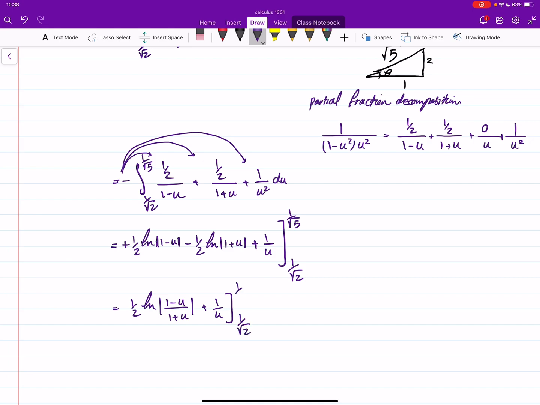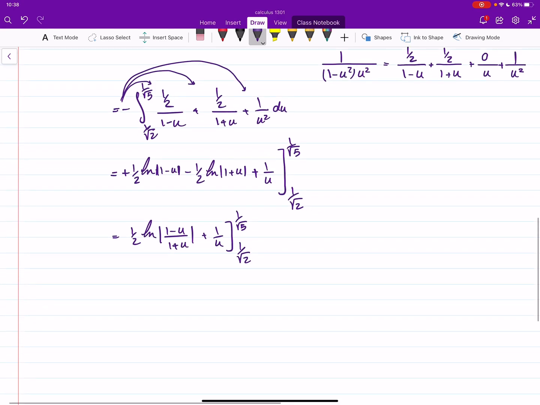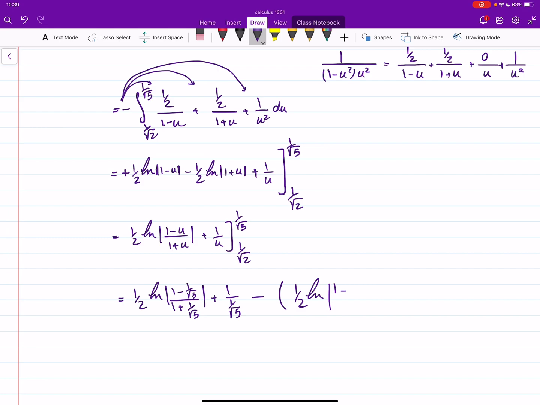And now it's time to evaluate it at 1 over root 5, which is half of ln of (1 minus 1 over root 5) over (1 plus 1 over root 5), plus 1 over (1 over root 5). That's the first part, minus half of ln of (1 minus 1 over root 2) over (1 plus 1 over root 2), plus 1 over (1 over root 2), and that is what we have.